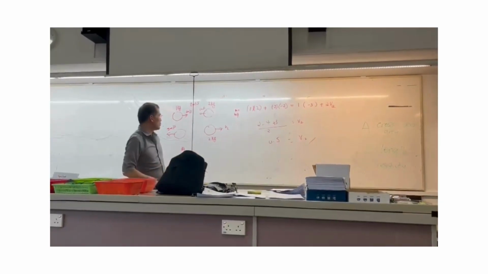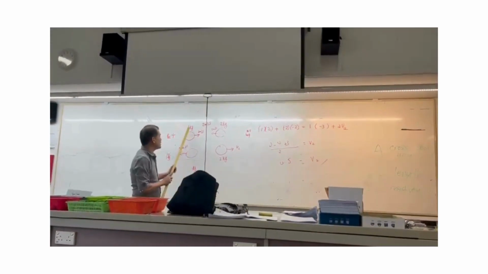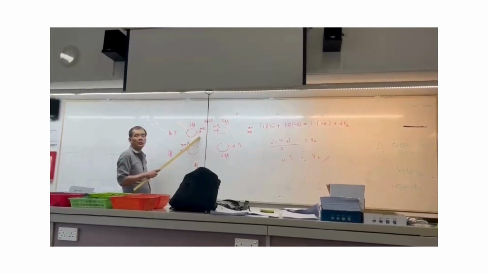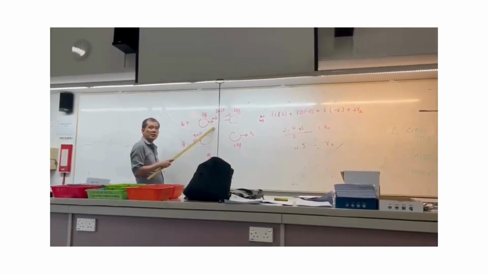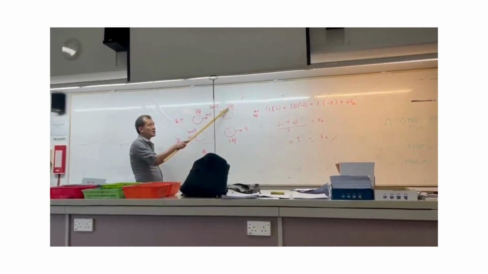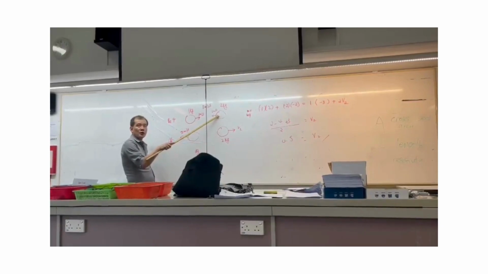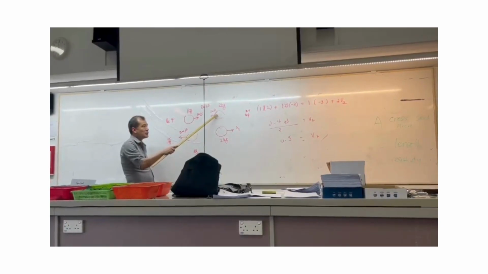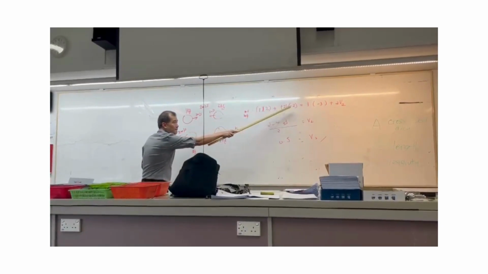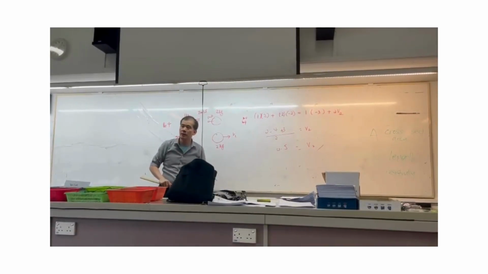So first and foremost, momentum before. I take this one times this one, mass times velocity, plus mass times velocity. But taking note, my convention is always right to the plus, hence this is negative 2. So these two constitute momentum before collision.